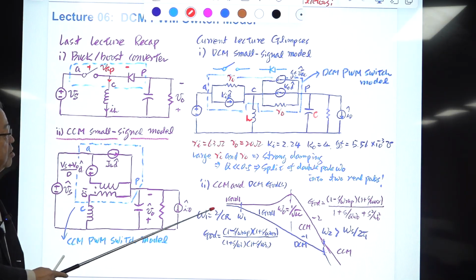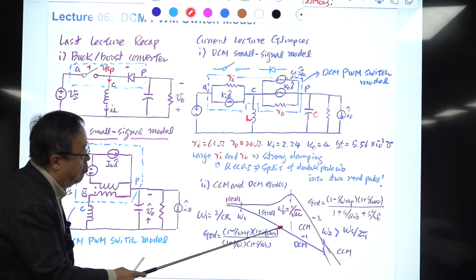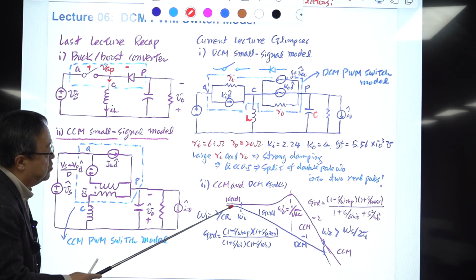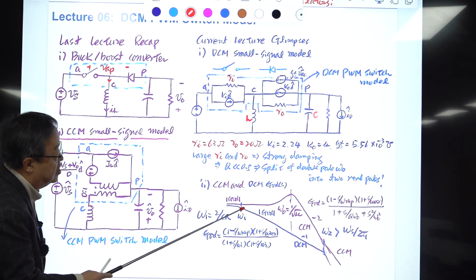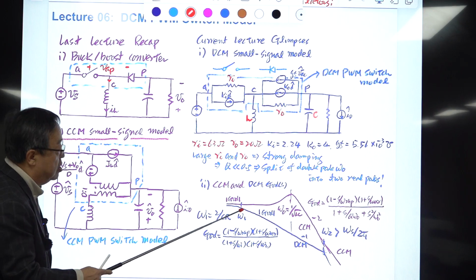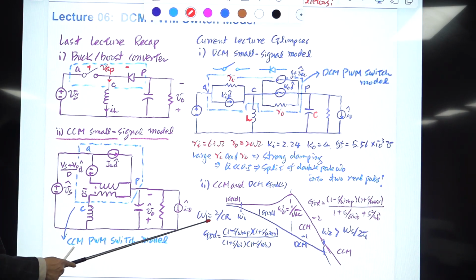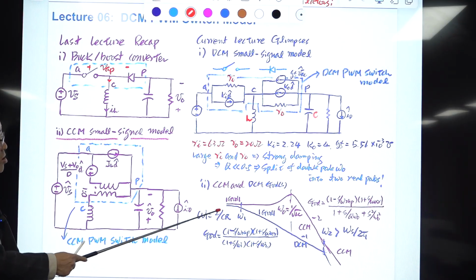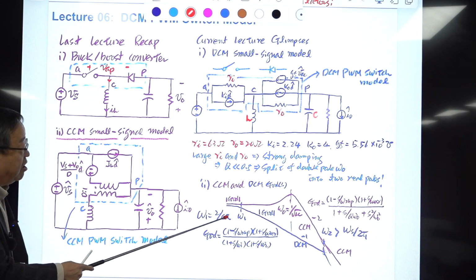Okay, so in DCM, you have this kind of duty ratio to output transfer function. You have some DC gain here, and this first one, which is split from this double pole, is omega 1, which appears here, and this frequency is given by 2 divided by C times R. So this is relatively small because C is large, R is large.